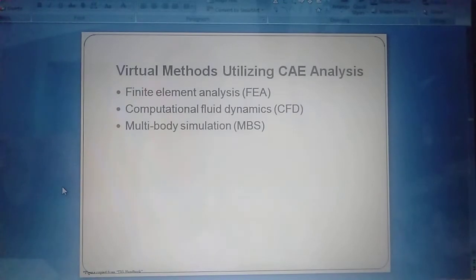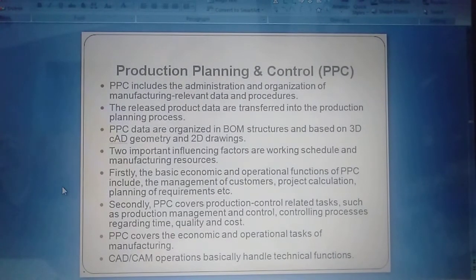So if it is a multi-body system, you have to go for MBS, multi-body simulation. For example, in the boundary conditions you have to consider forces, torsional moments, masses, etc.